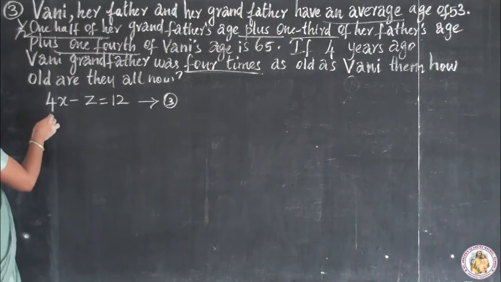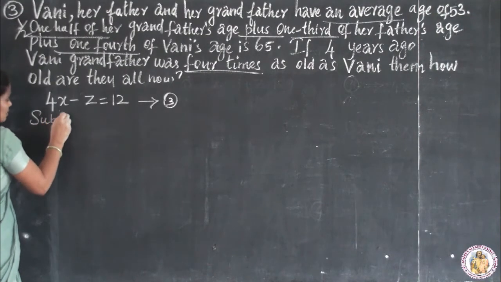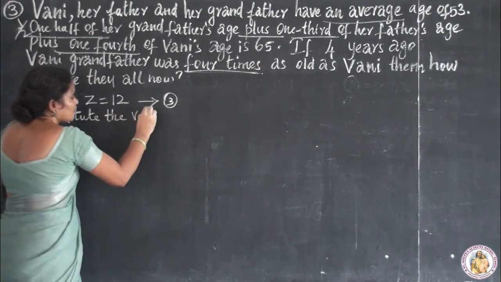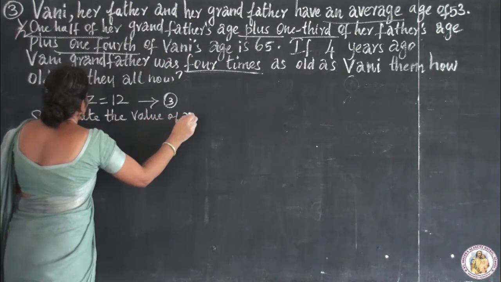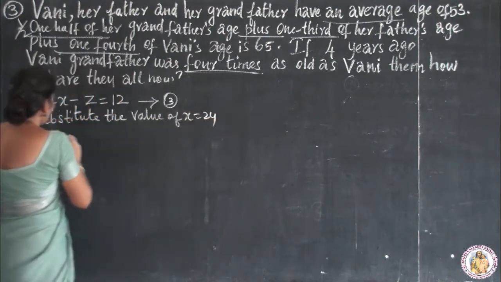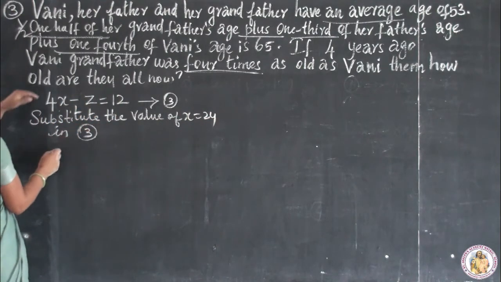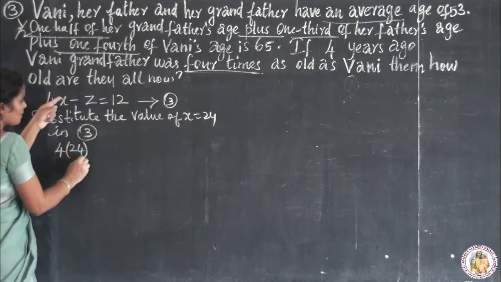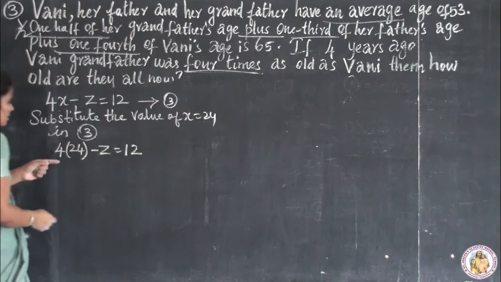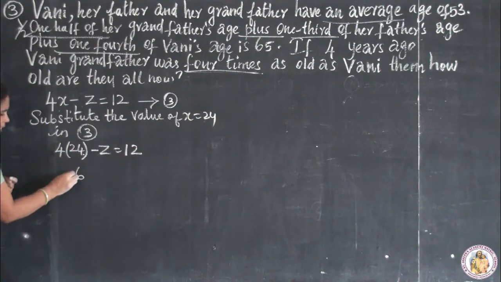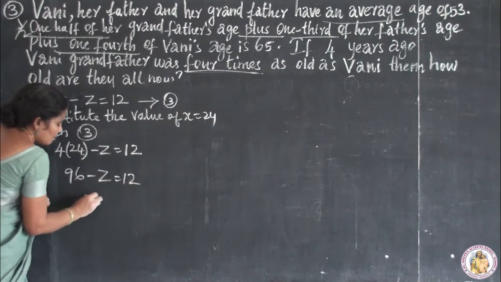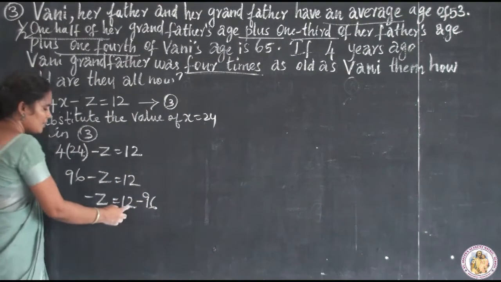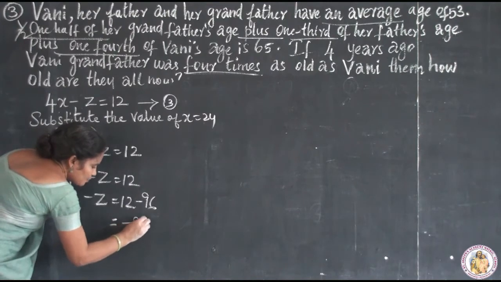Substituting x is equal to 24 in the third equation: 4x minus z is equal to 12. 4 4s are 16, 4 2s are 8, so 96 minus z is equal to 12, minus z is equal to 12 minus 96, which is minus 84.